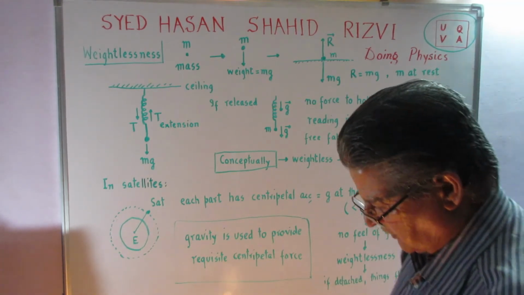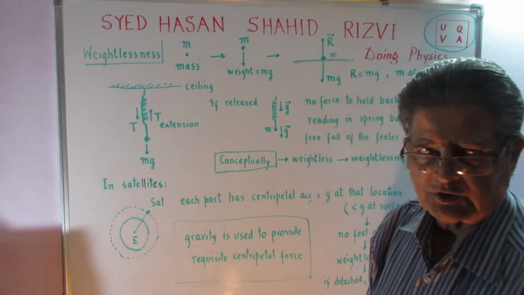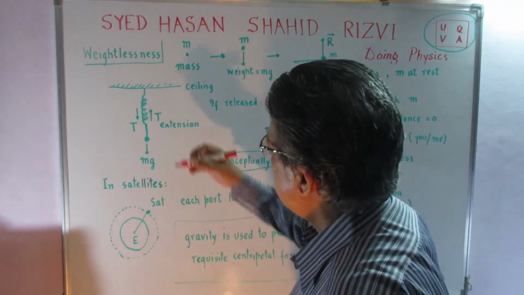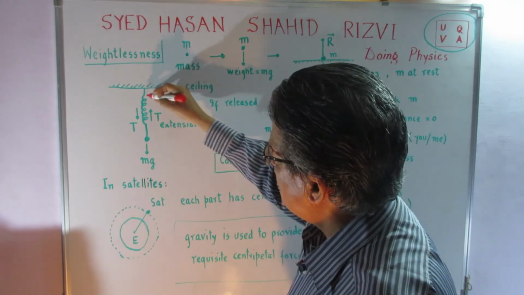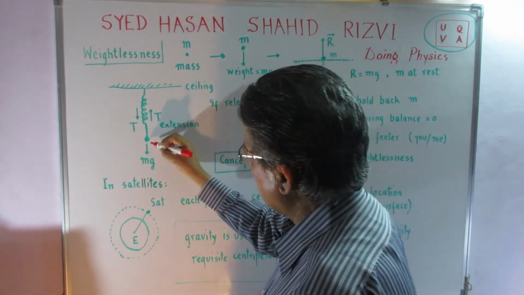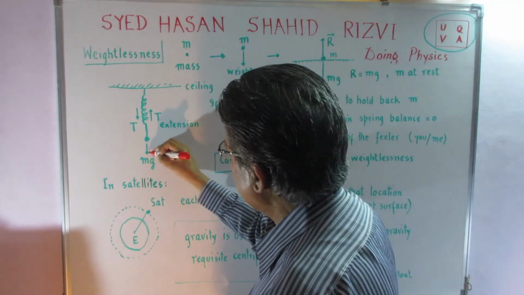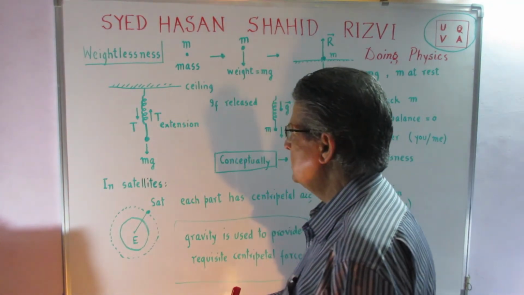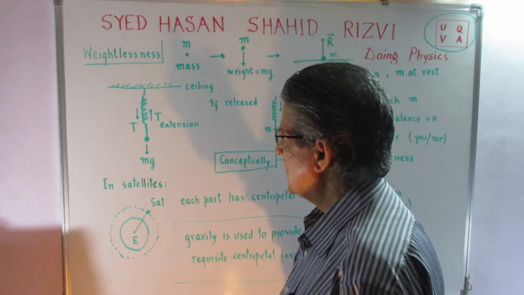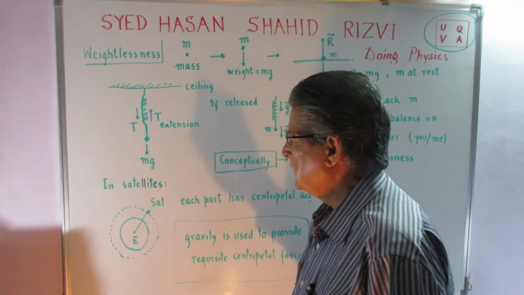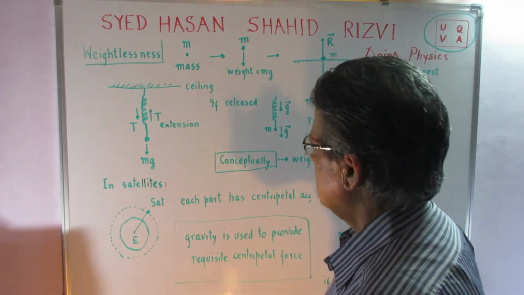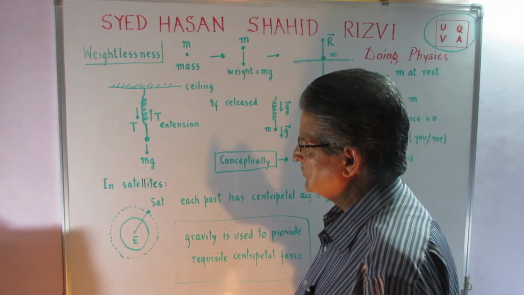The second situation is that of a spring balance, in which we have a spring balance hanging from the ceiling, and we put a mass over here, so the force mg is applied on it, and this gives a reading as to how much is the weight, and from that we can find out what is the mass.